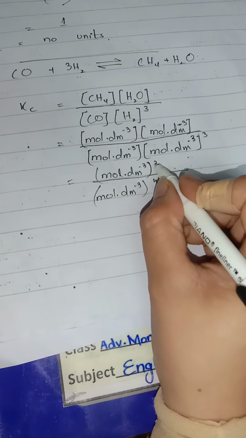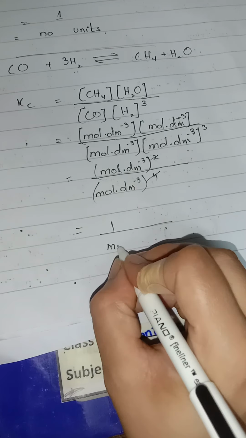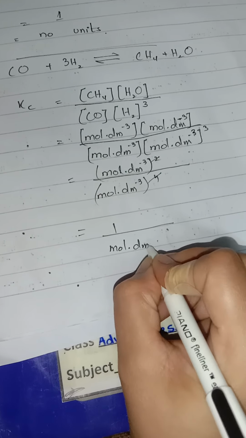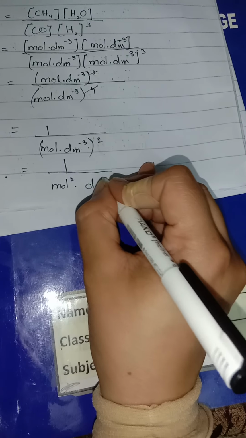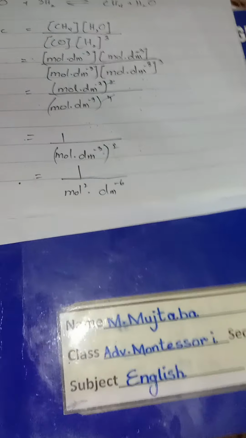Clear it is? Again, this will cut out and it will become mole dm cube square. In other words, it will become 1 divided by mole square into dm cube minus 6.